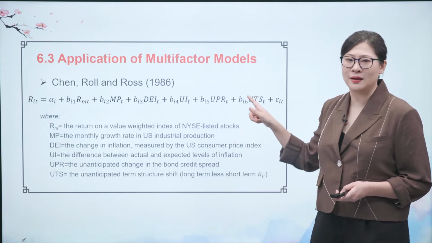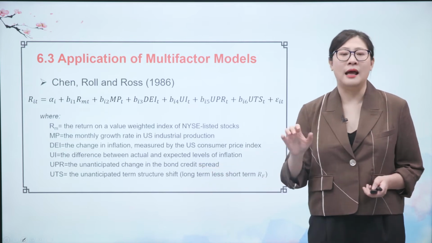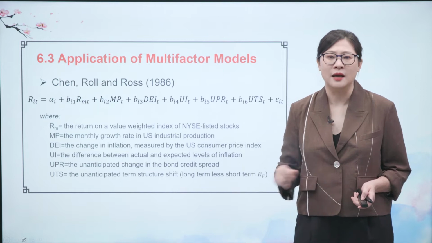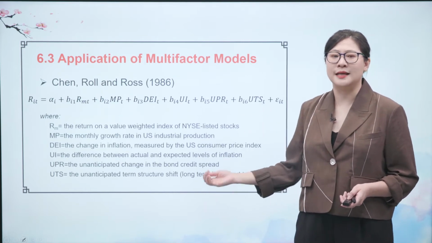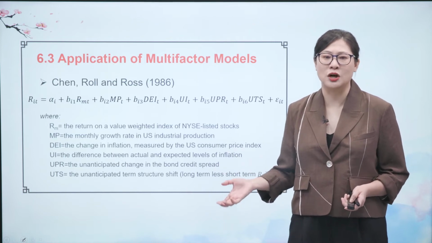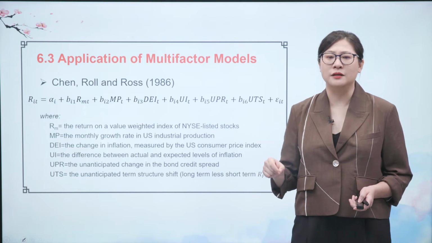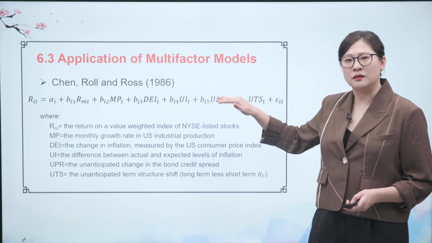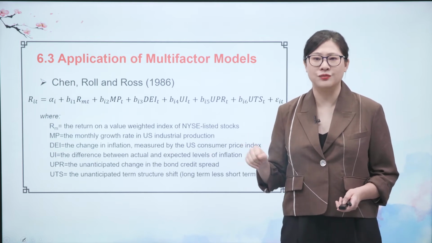The next one is UPR, an anticipated change in the bond credit spread. And the last one is UTS, an anticipated term structure shift, which is the long-term yield minus the short-term yield. So that's the economic factor model used by Chen, Roll, and Ross.